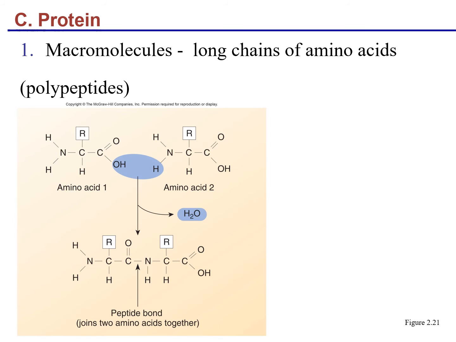The name peptide comes from the particular kind of bond that forms between two amino acids. So at the carboxylic acid end of one amino acid and the amino, the nitrogen-containing end of its neighbor, a bond is formed called a peptide bond that holds the amino acids in a chain.